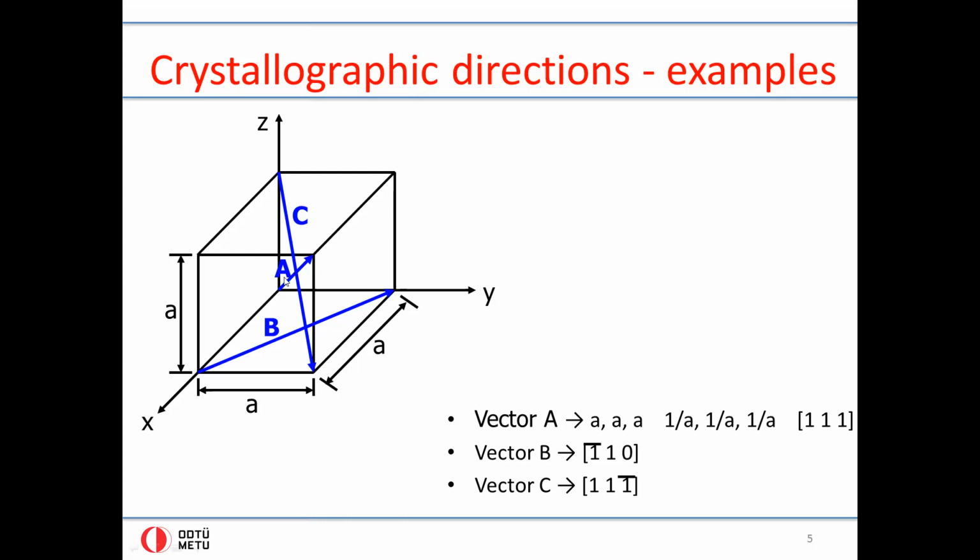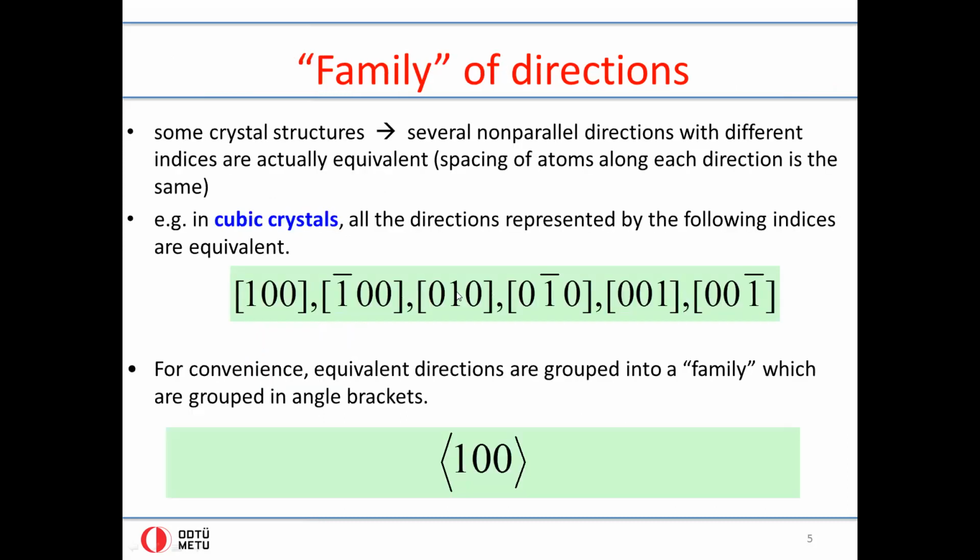Similarly, the movement from this point to this point here would have two corner atoms along a length of A, hence it would have equivalent properties to the direction described earlier. So the 1, 0, 0 direction and the 0, 0, 1 direction and the 0, 1, 0 direction all have the same properties. So now we see that 1, 0, 0, 0, 1, 0, and 0, 0, 1 all have the same properties.